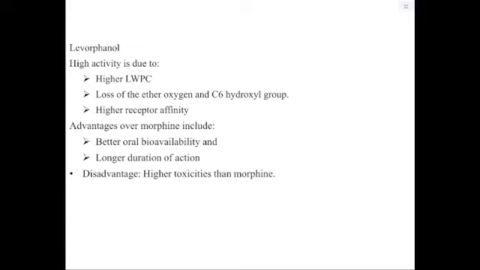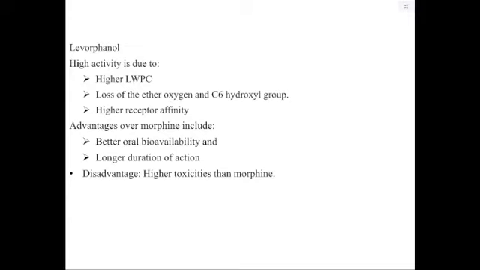Advantages of morphinans include better oral bioavailability. Why better oral bioavailability? Higher lipid solubility, higher penetration of the BBB. You get very high concentrations even at low doses. Longer duration of action: you have removed the hydroxyl group at position number 6, so there will be no glucuronic conjugation at position 6, and therefore a slower rate of metabolism.